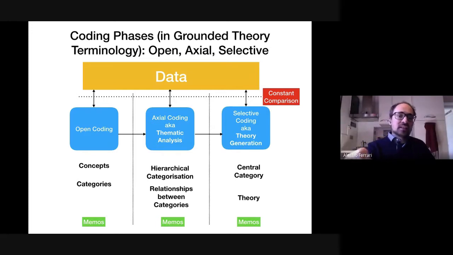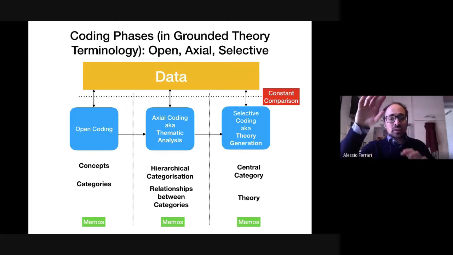The key here is that in open coding, you start and you identify the so-called concepts, which are more low-level codes. Then you group these concepts into categories, but you have to check that the data actually respond to what you found. Then you pass to the second step, axial coding, which we also call thematic analysis, which consists in hierarchically categorizing the different categories and the relations with the codes.